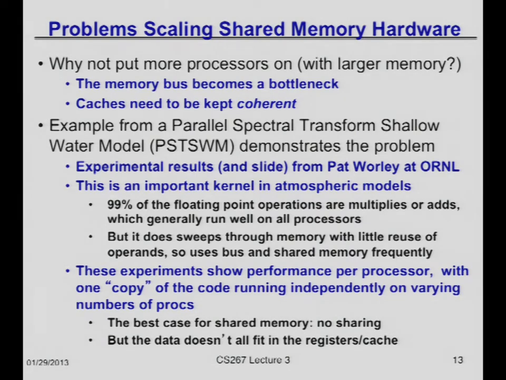I'm going to scale it up so it doesn't fit in cache anymore, and I'm going to ask, how fast does it run? This is the simplest kind of program you can imagine. Everybody's running independently. They don't share anything, allegedly. So hopefully if you double the number of processors, you should also double the speed. That's an experiment that we can run. But what we'll see is that actually it doesn't scale, because they're all eventually sharing that bus.